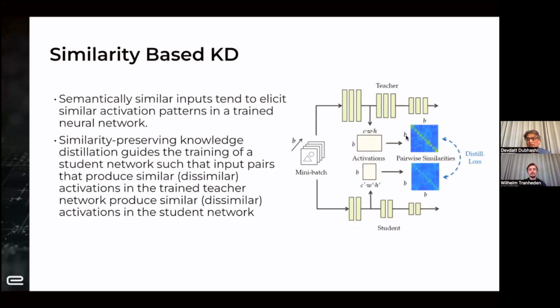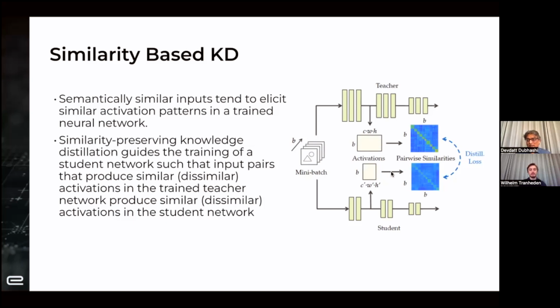So the similarity matrix just tells us the similarity between the representations for the data points in this batch. So we have a B by B matrix now. The ij entry here tells us how the representation of i is similar to the representation of j. So we get the similarity matrix based on these activations of the teacher at this part of the network.